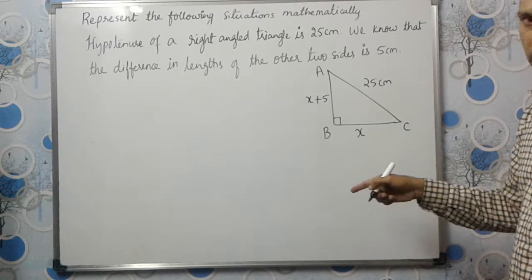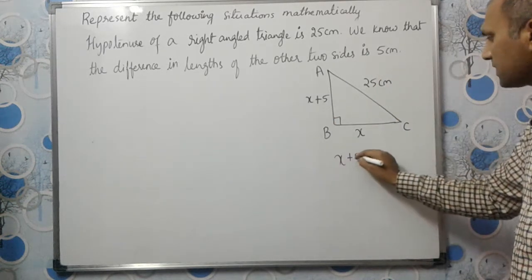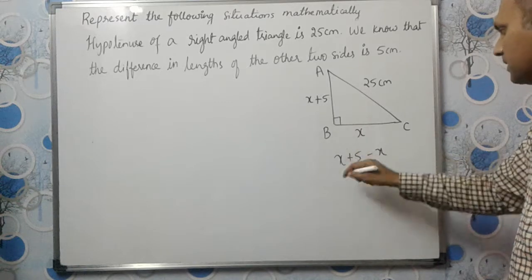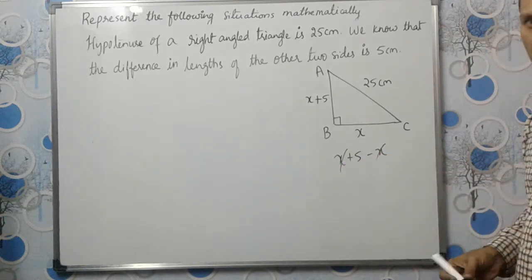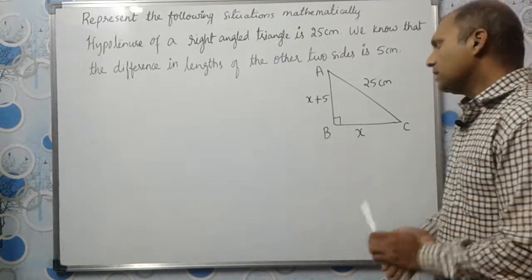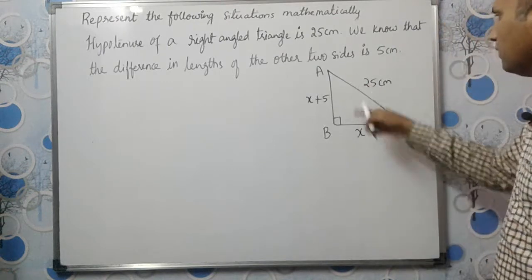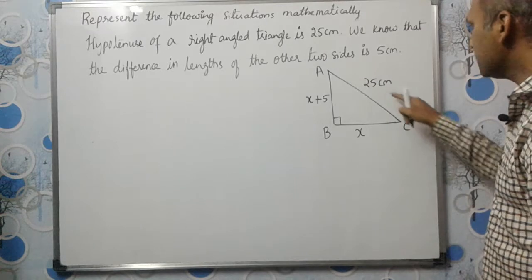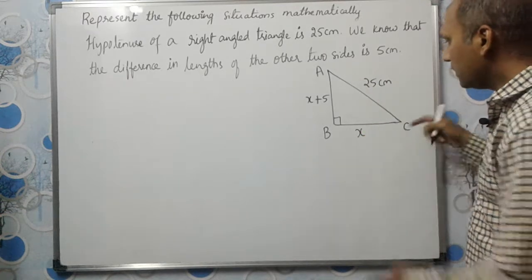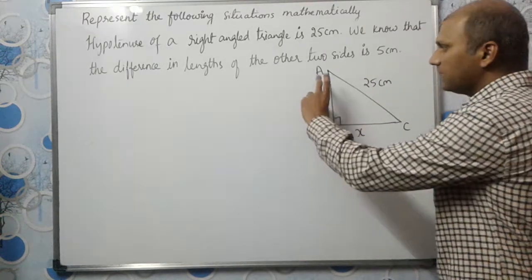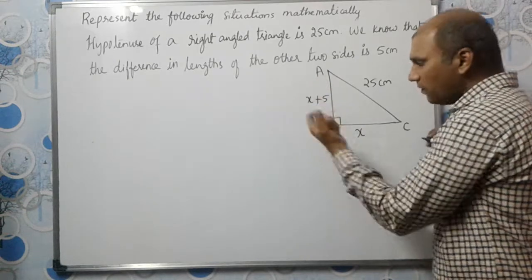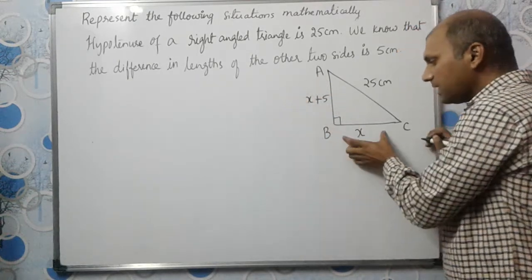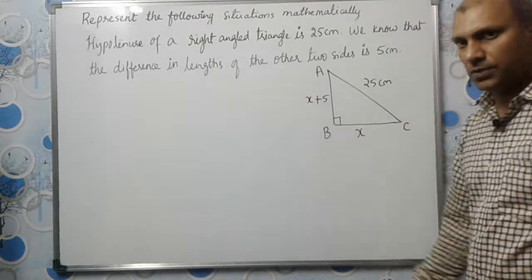We should get 5. Will we get 5? See, x plus 5 minus x, subtracting these two, we get 5. All right, now we have ABC, a right angle triangle. This AC is 25 given, and we took this side as x and the other side as x plus 5. We can take this side as x or this side as x plus 5. It is up to you.